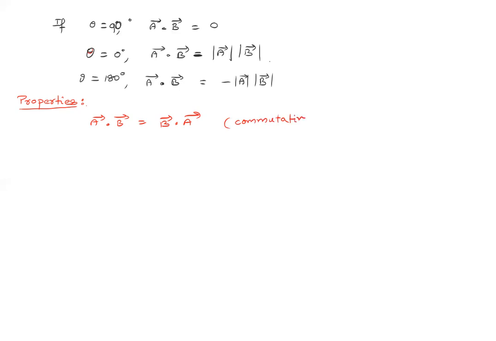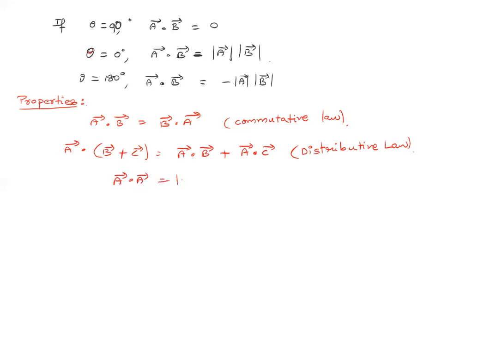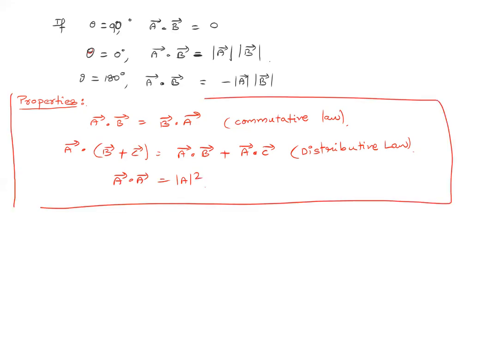And a bar dot (b bar plus c bar) will be equal to a bar dot b bar plus a bar dot c bar. This gives you the distributive law. And a bar dot a bar is mod a square. So for the dot product, the commutative law and the distributive law hold.